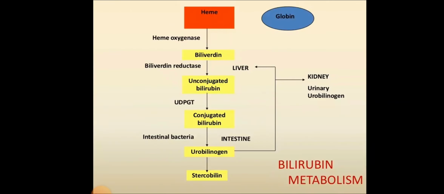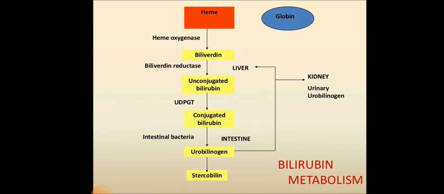So in RBC lysis, hemoglobin is split into the heme component. Here you can see this chart. And the globin part. Heme is the iron and the globin is the protein component. Globin is further converted into amino acids and utilized in the body.